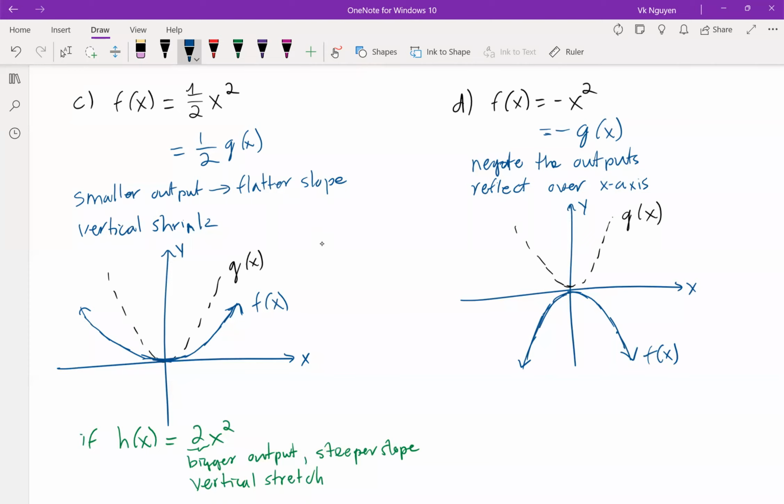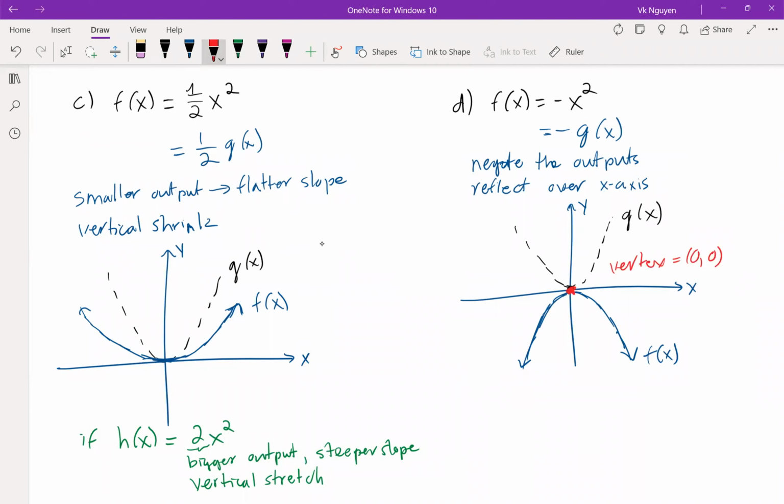Pretty cool, huh? Notice that when we do a reflection, the vertex is the same. Vertex right here, 0, 0.